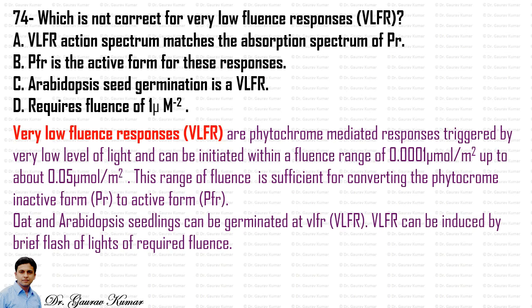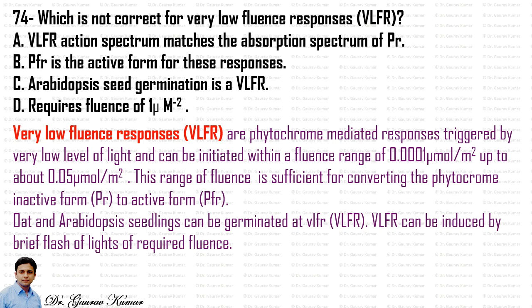Very low fluence responses, that is VLFR, are phytochrome mediated responses triggered by very low levels of light and can be initiated with a fluence range of 0.0001 micromolar per meter square up to about 0.05 micromolar per meter square. So option D, which says that it requires a fluence of 1 micromolar per meter square, is wrong.